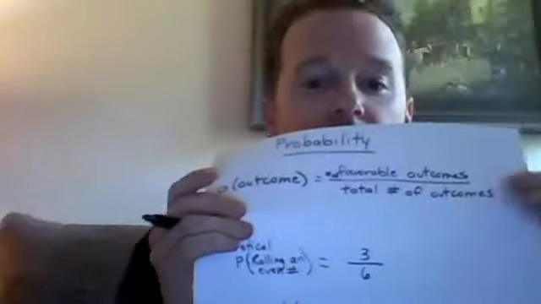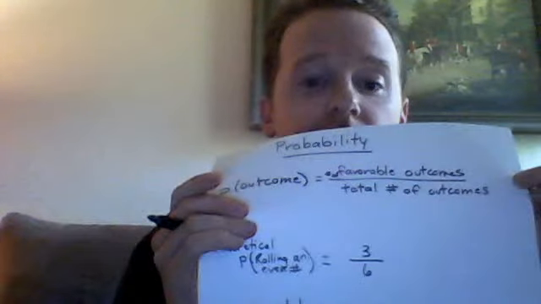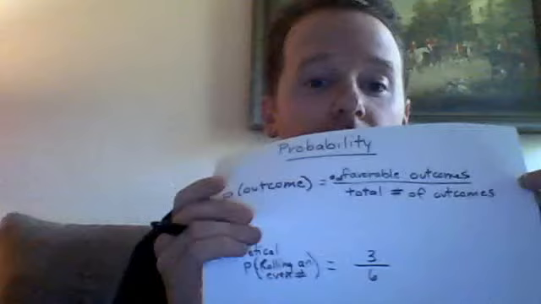Total number of outcomes on our number cube, we have 1, 2, 3, 4, 5, and 6. These are the total number of outcomes, so that's going to be my denominator. So here is my theoretical probability: what should happen, 3 out of 6 times, we should come up with an even number.